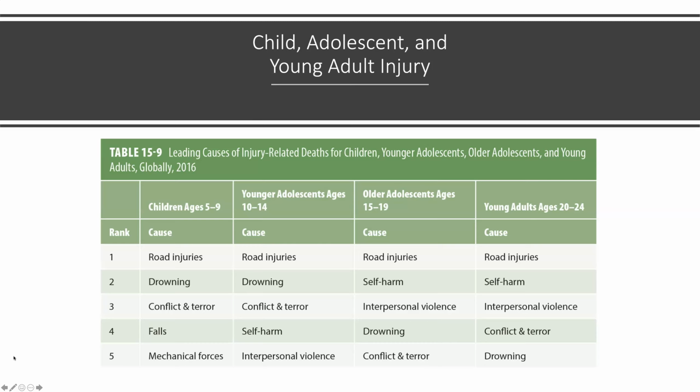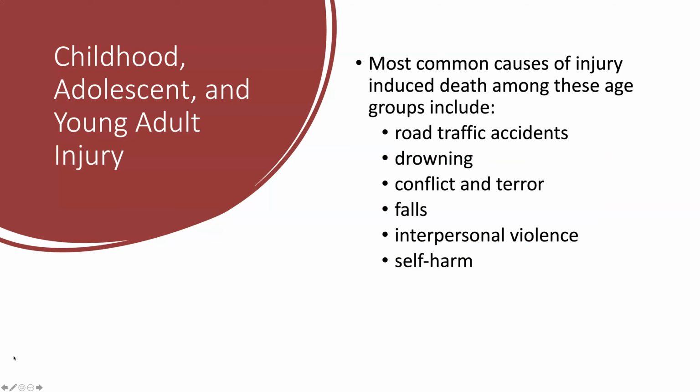Later in the rankings, conflict and terror are ranked 4 and 5. So the most common causes of injury-induced deaths among these age groups are road traffic accidents, drowning, conflict and terror, falls, interpersonal violence, and self-harm.